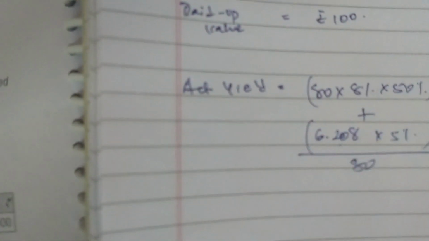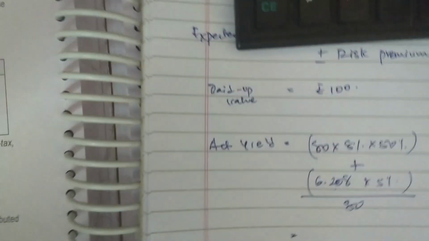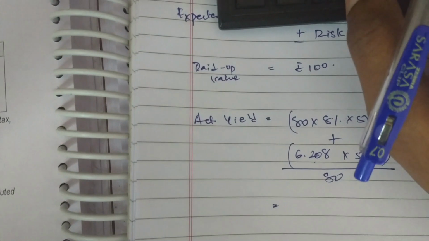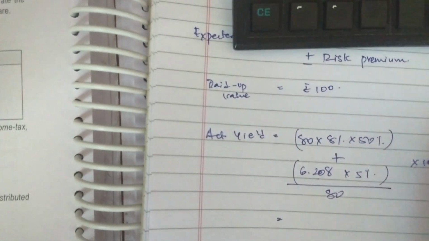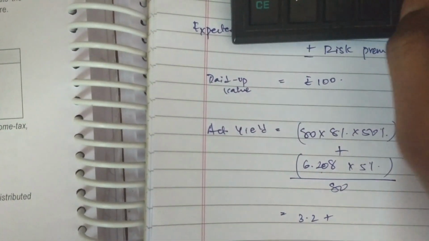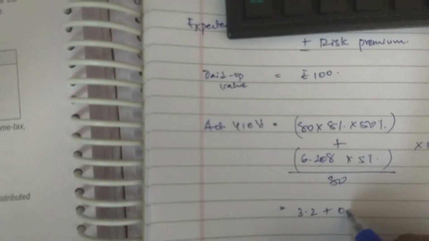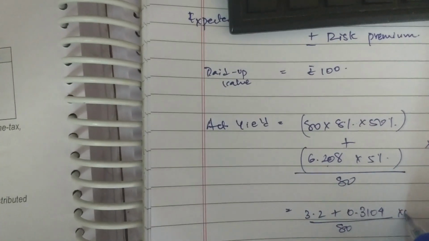So we have a total now of 80 into 8% into 50%, which gives you 3.2, plus 6.208 into 5%, which gives you 0.3104, divided by 80 into 100.